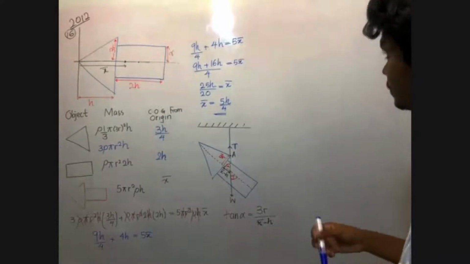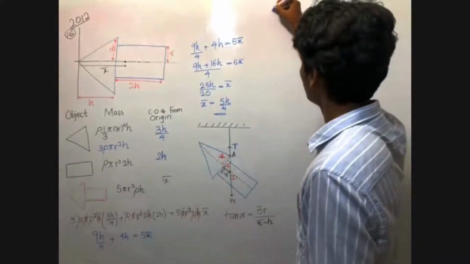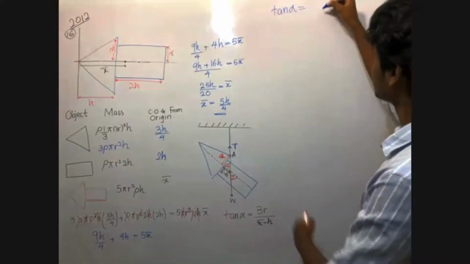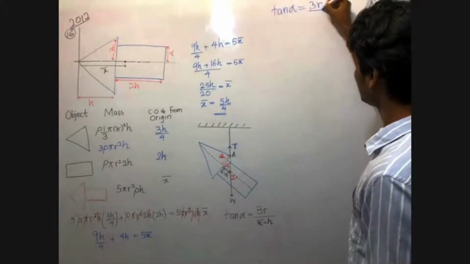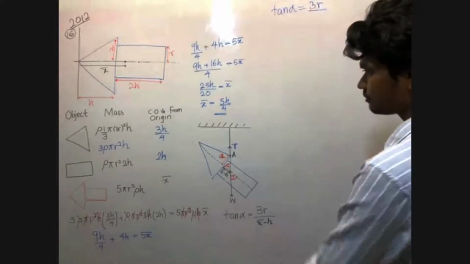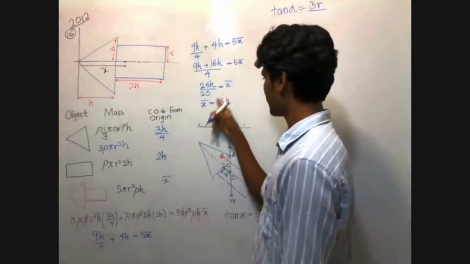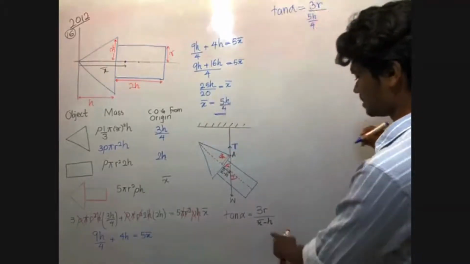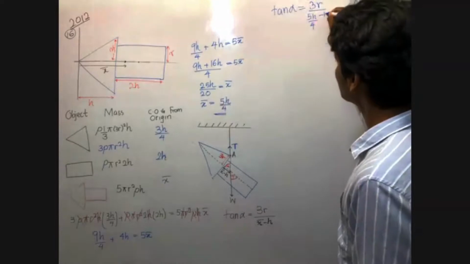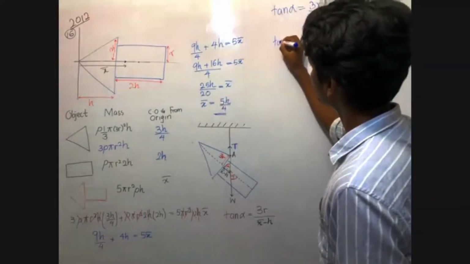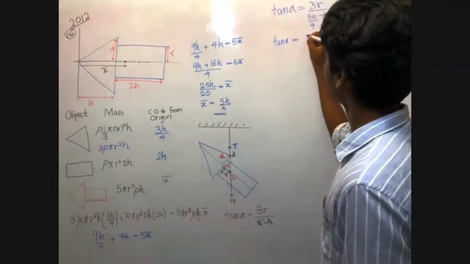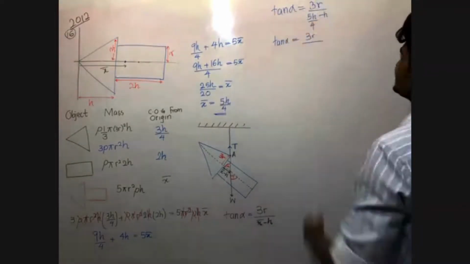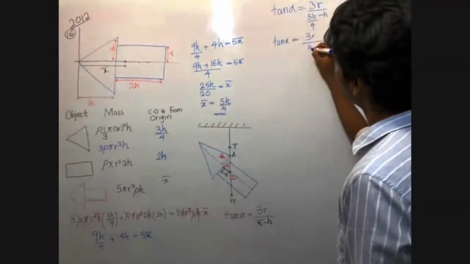Right? So, tan alpha is 3r. X bar is what? 5h over 4 minus h. Tan alpha is 3r. 5h minus h is h over 4.